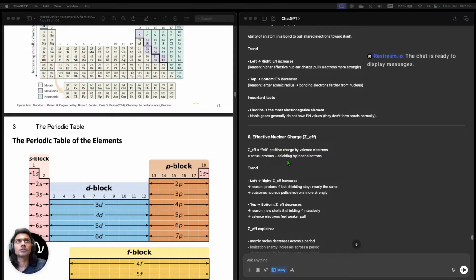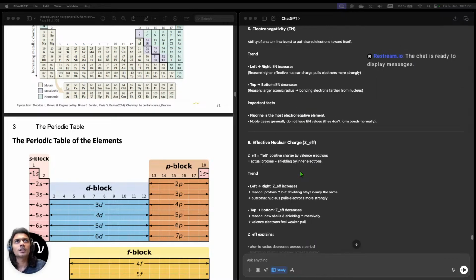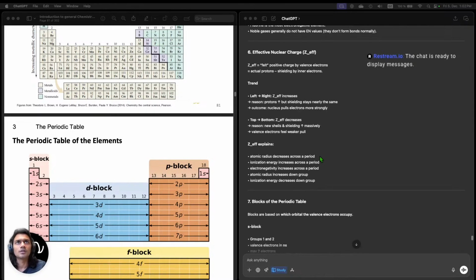Effective nuclear charge. Z effective is the positive charge felt by valence electrons, versus actual protons. But shielding stays near the same, so the nucleus pulls electrons more strongly. So electronegativity and effective nuclear charge are almost the same.